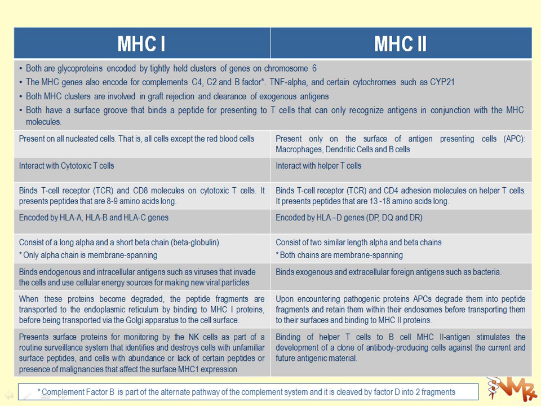And cells with abundance or lack of certain peptides or presence of malignancies will affect the surface MHC1 expression. With regard to MHC2, binding of helper T cells to B cell MHC2 antigen stimulates development of a clone of antibody producing cells against the current and future antigenic material.